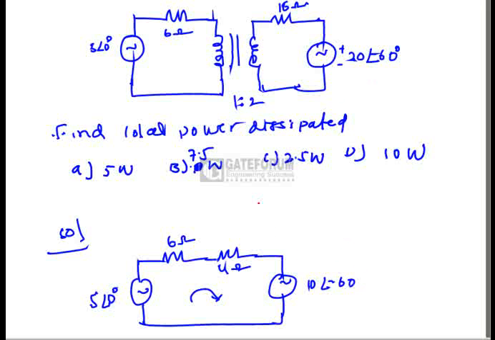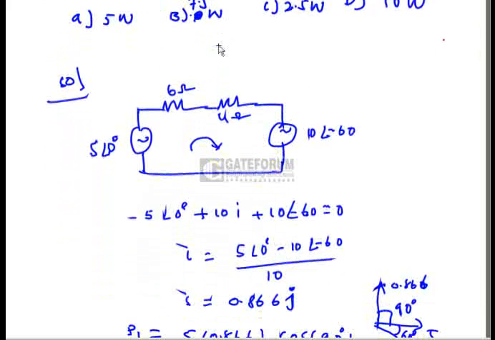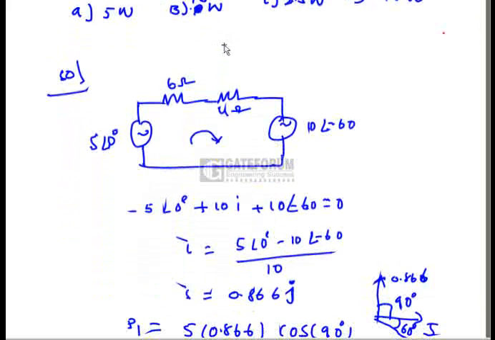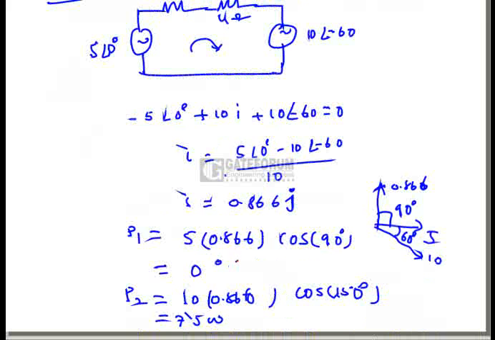After applying KVL, the current is 5 at an angle 0 minus 10 at an angle minus 60, divided by 10. If you solve this, the current will be 0.866 j. Now we find P1 and P2, which are 0 watts and 7.5 watts.